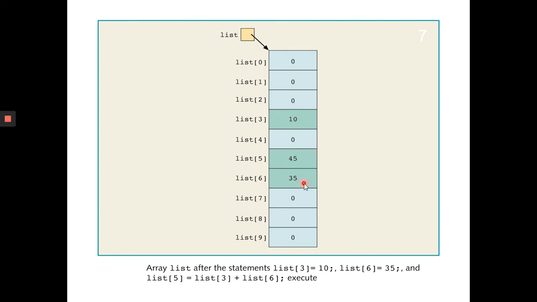So 10 plus 35, you get 45. And this 45 is assigned to index 5. This is the memory location after the code is executed. So now you have assigned values to 3 indexes, but the rest are still 0. So this is how you do it manually, one by one.